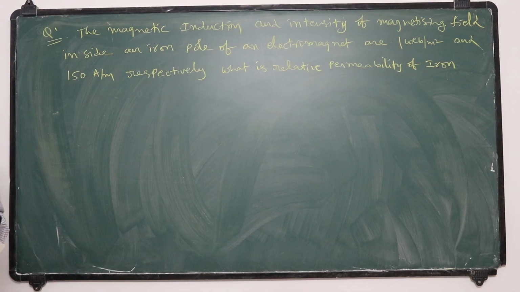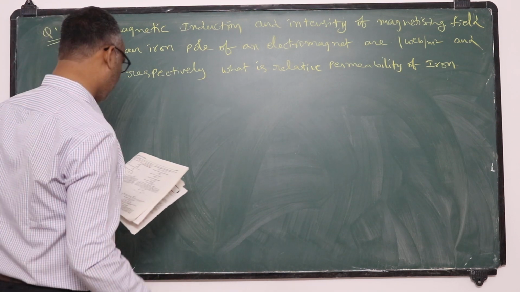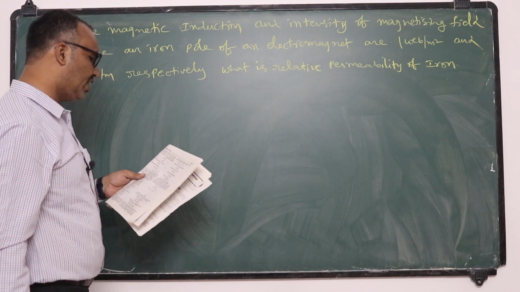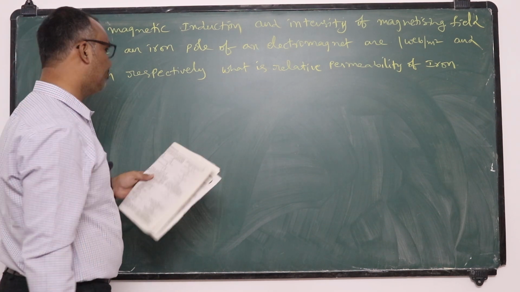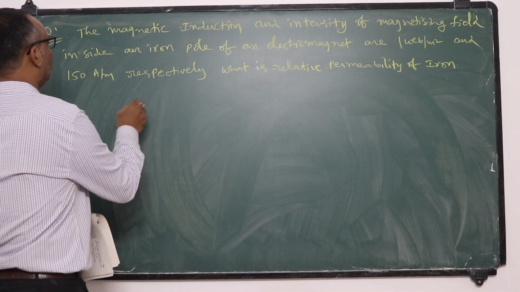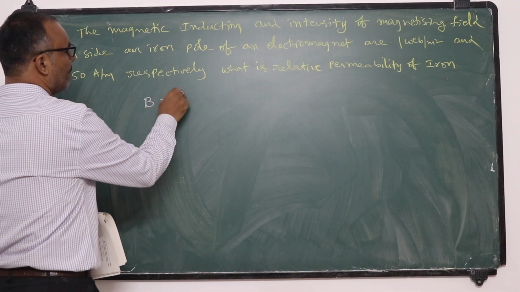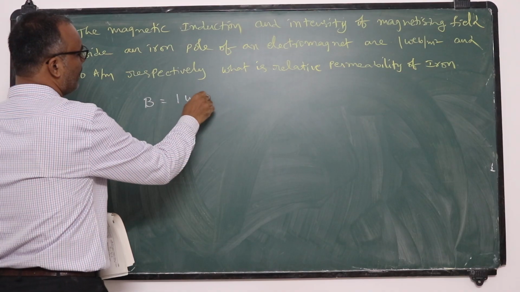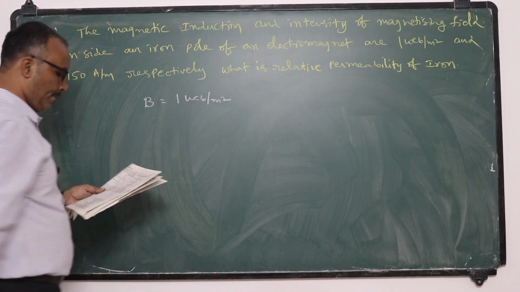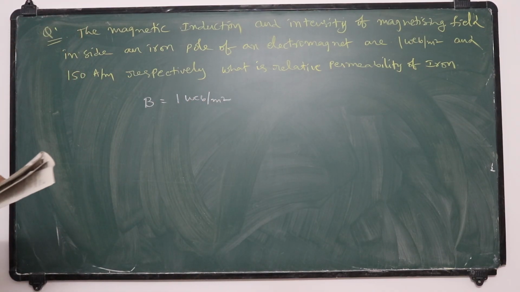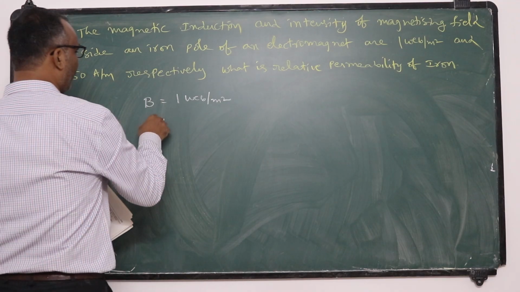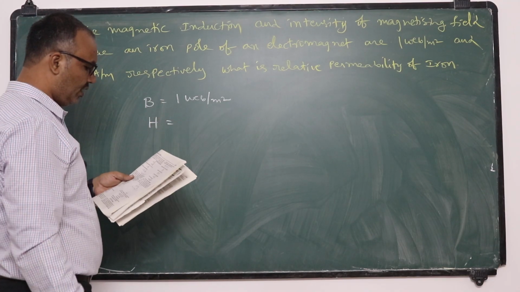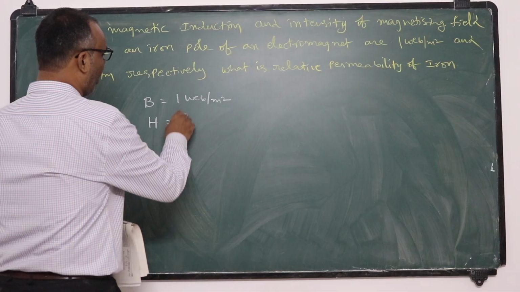So as per the question, the data given to us is magnetic induction and intensity of magnetizing field. Magnetic induction means B value, they gave 1 Weber per meter square, and intensity of magnetizing field means H value, they gave. H value is 150 ampere per meter.